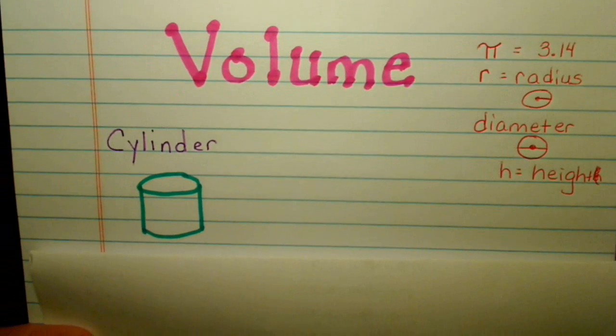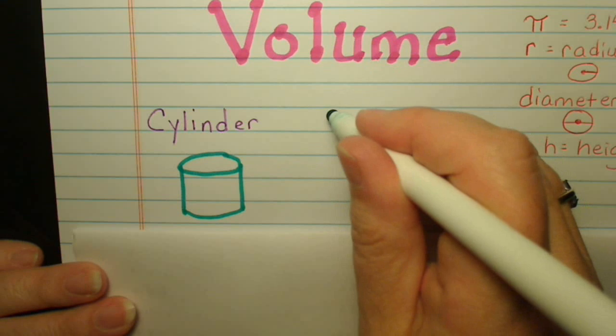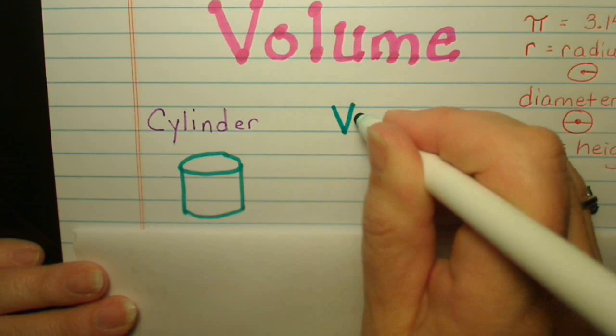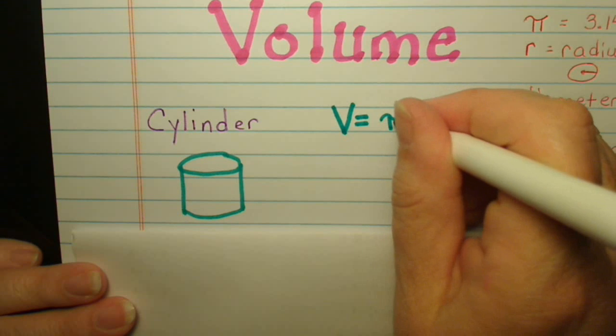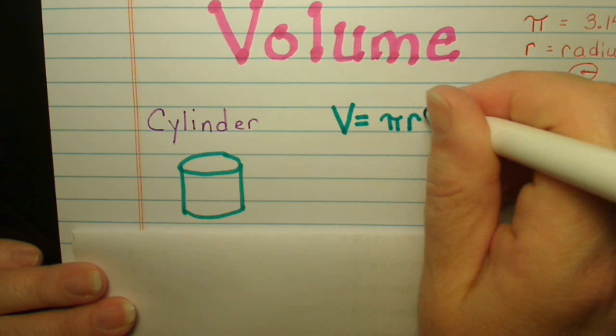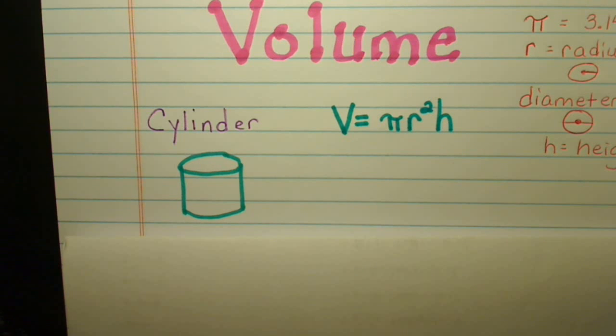Okay, so let's start with a cylinder. Now, when you're doing the formula for a cylinder, you basically want to do the base times the height. But what we're going to do is, instead of doing B for the base, to find the base, we're going to do pi r squared times the height.